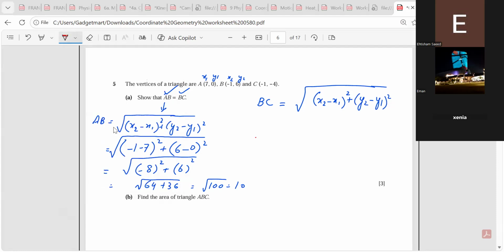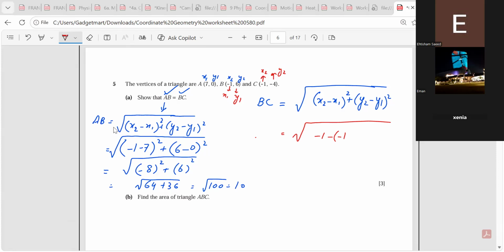Now let's do for BC. For BC case, this value is going to be x1 and 6 is going to be y1, and we are just supposing it, and this is x2 and this is y2. So let's solve it for the case of BC. ठीक है जी. x2 is basically -1 and x1 is minus and then again -1.